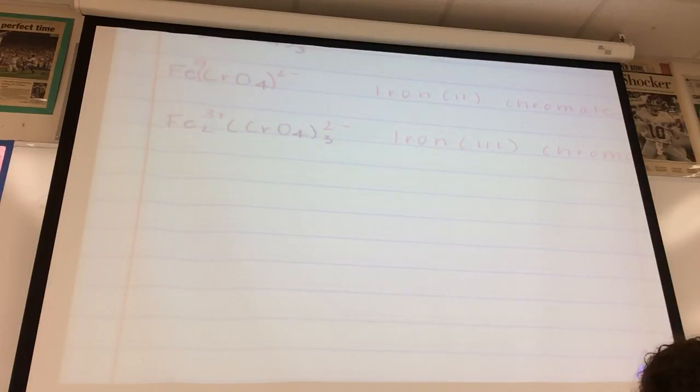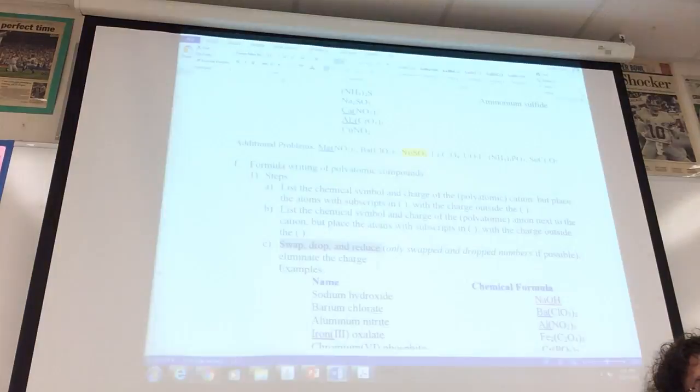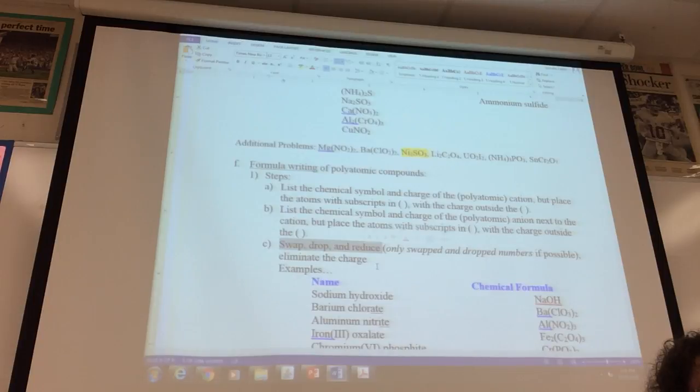If you have a polyatomic ion, put it in parentheses with its superscripted charge outside the parentheses. That's the key to doing this. Then you do the exact same thing. You swap and drop and you reduce. You only reduce numbers that you've swapped and dropped. You never, ever reduce a subscript that was initially part of the polyatomic ion.